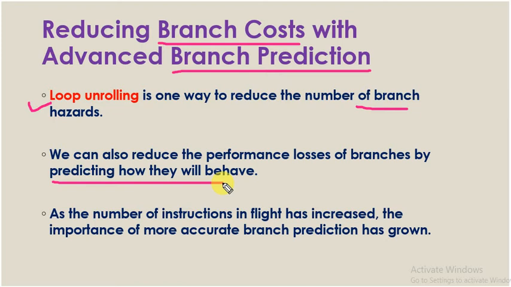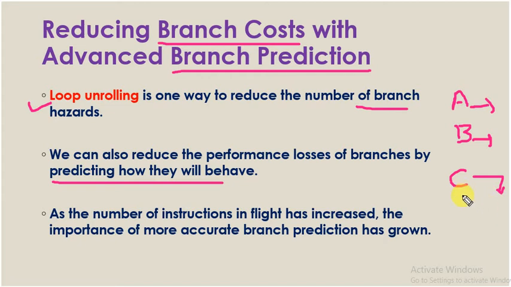If we cannot predict the behavior of a branch, sometimes what happens is, say A is an instruction, then comes B, then comes C. Assume that C is a branch instruction. So A will be executed in order, then B, then C is a branch statement.